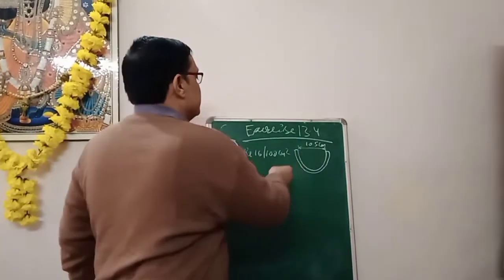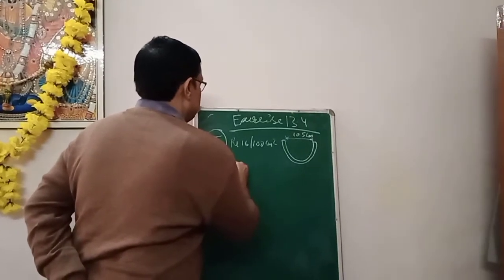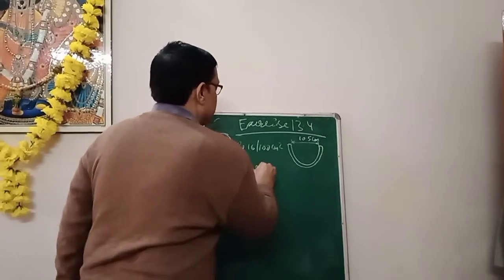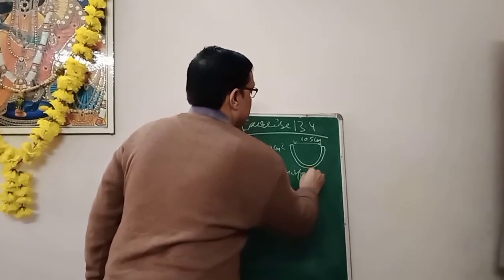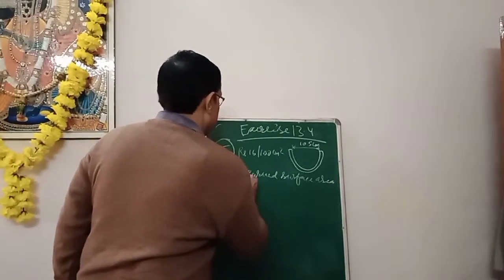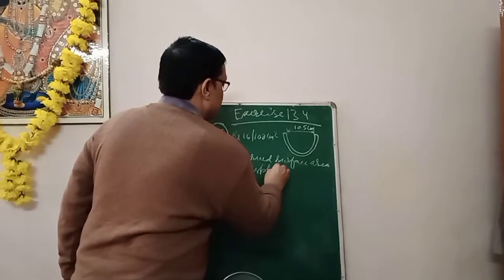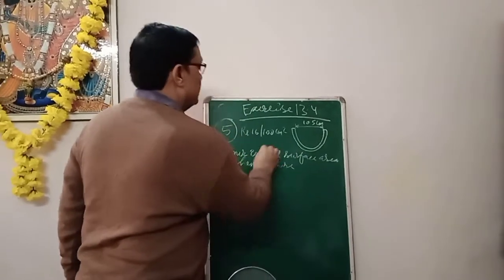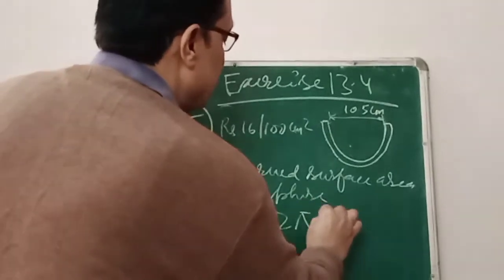So the inner curved surface area of hemisphere. We know the curved surface of hemisphere is 2 pi r square.